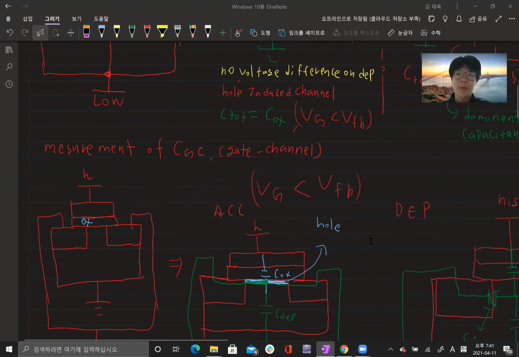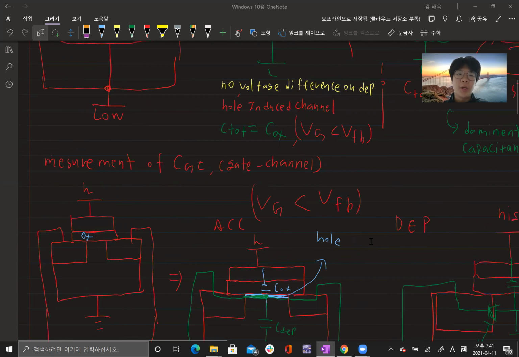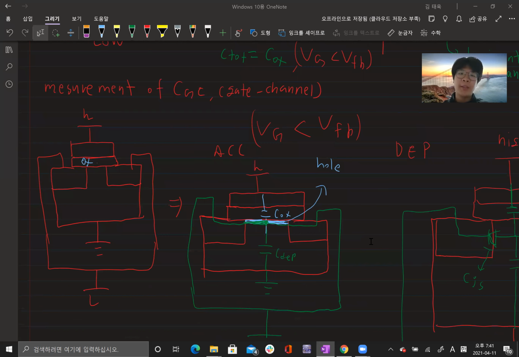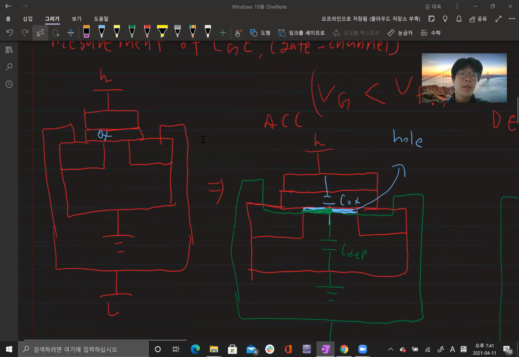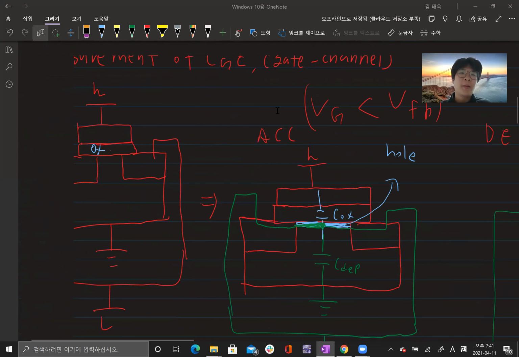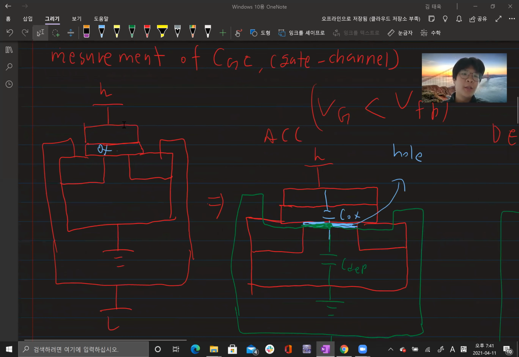So we're gonna change these combinations between biasing through drain, source or gate, body. So here we're gonna bias through gate and channel, which means we're gonna give a higher voltage to the gate, and to the source and drain channels we're gonna give lower voltage and ground the body.